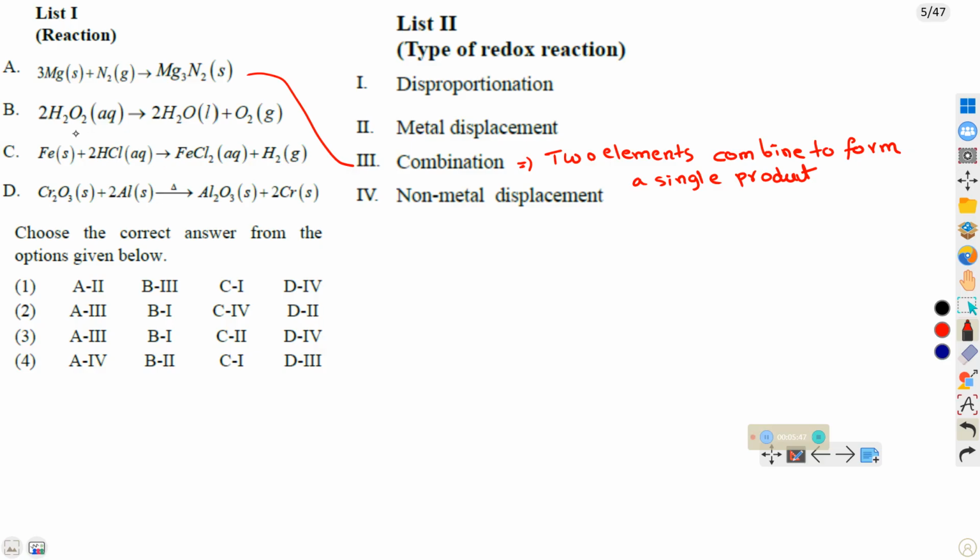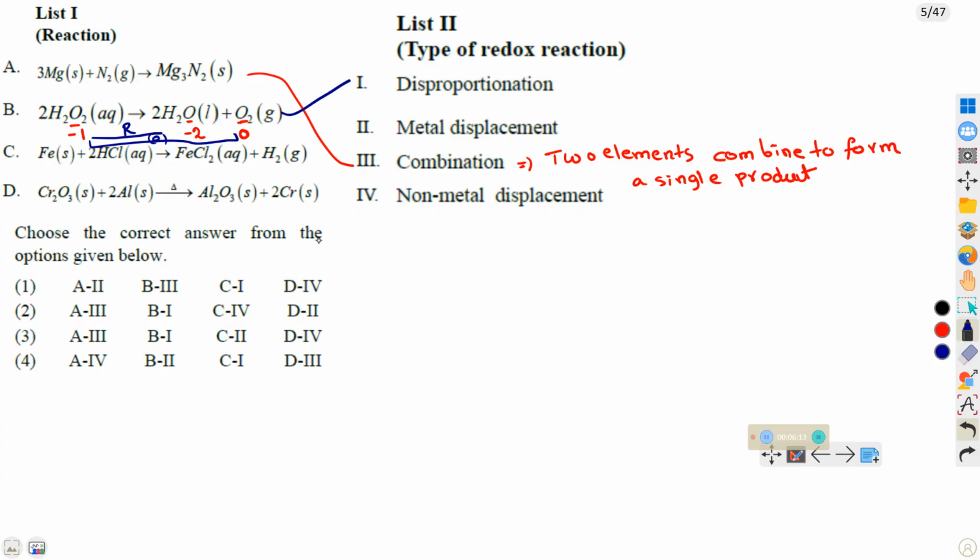Next, H2O2. In H2O2, oxygen oxidation state is -1. In H2O, oxygen oxidation state is -2. In O2, oxygen oxidation state is 0. The same atom undergoes both oxidation as well as reduction. So it is considered as a disproportionation reaction.